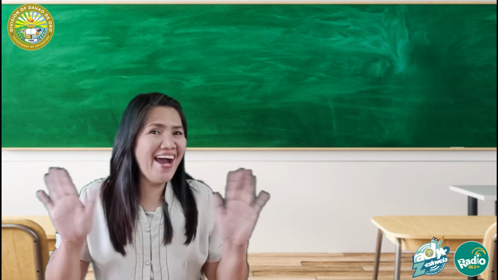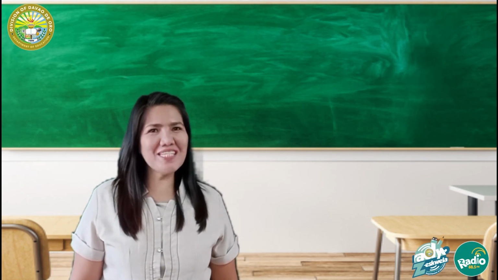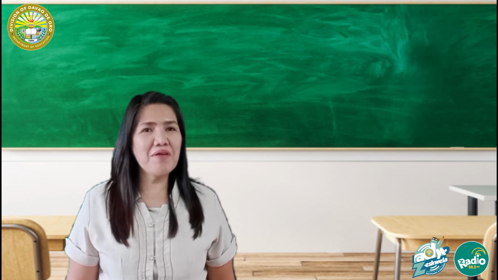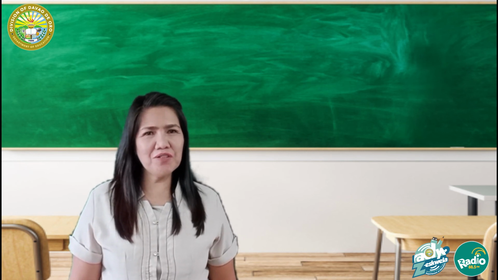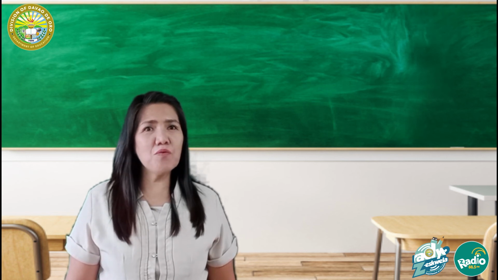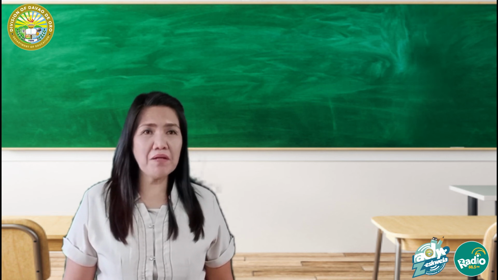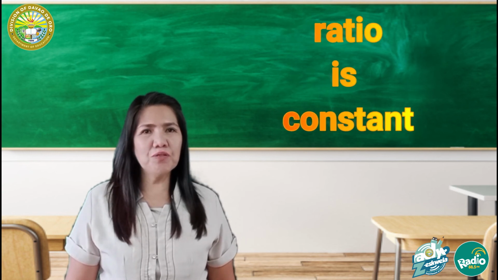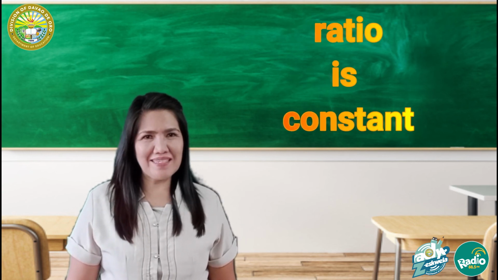I'm back! Before our discussion ends, always remember that there is direct variation whenever a situation produces pairs of numbers in which their ratio is constant.